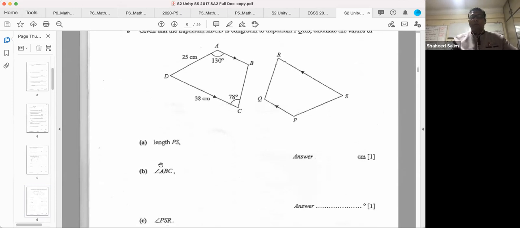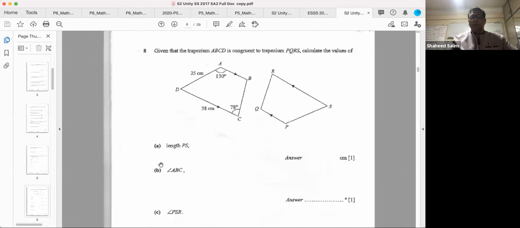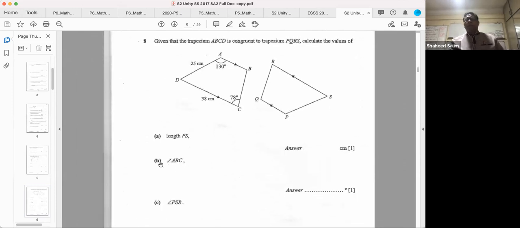You try question number 8. First of all, remember, it's congruent to this.